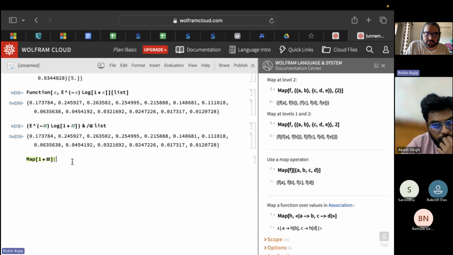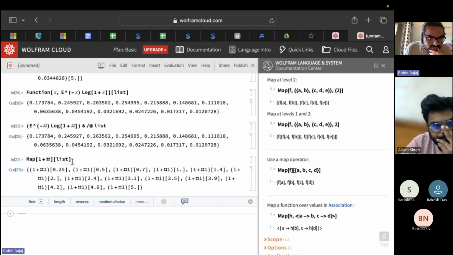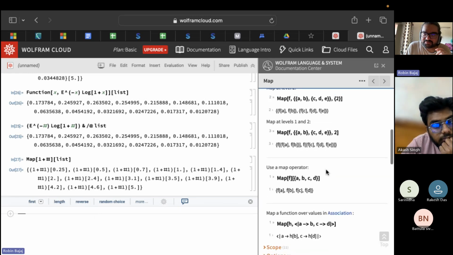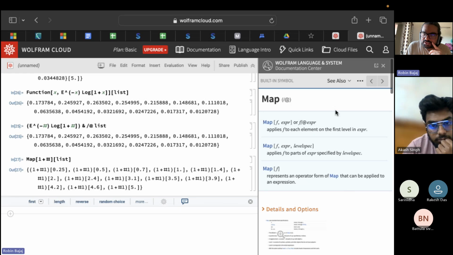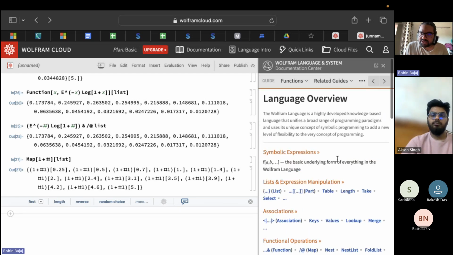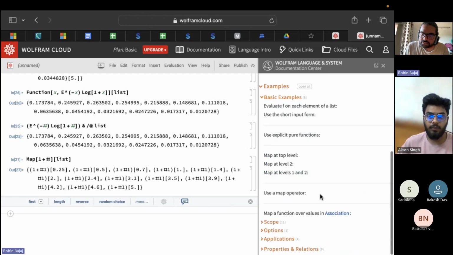I'll apply it on, let's say, the list. Oh, it is not. It is basically F applied on the list element. So this is not the right way. First you should define the function as an operator. And how can you define the function as an operator? There must be something. Let's check using the map.